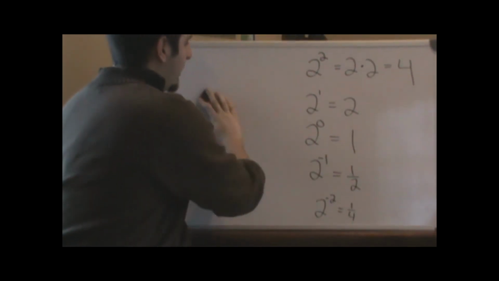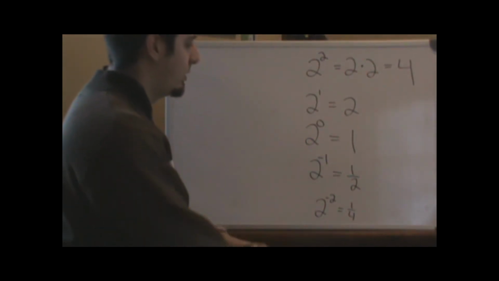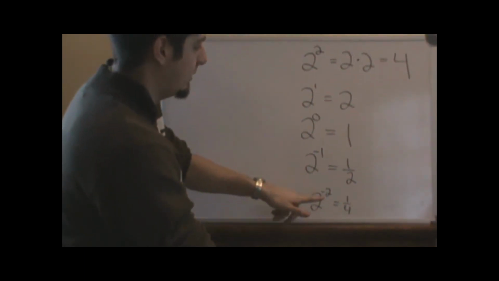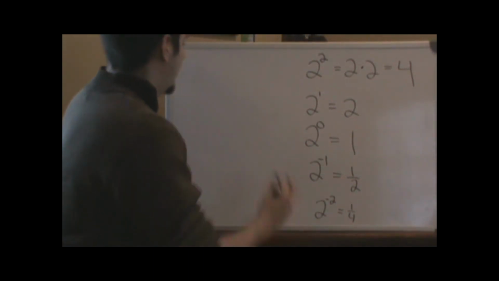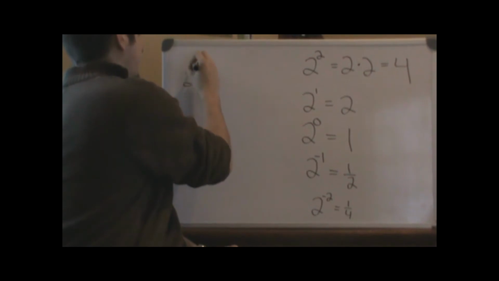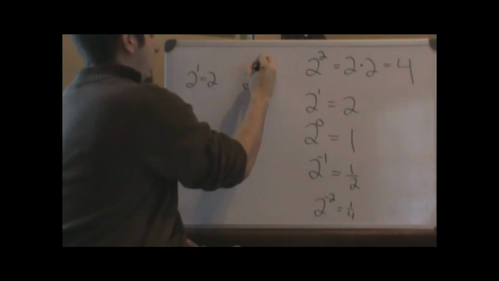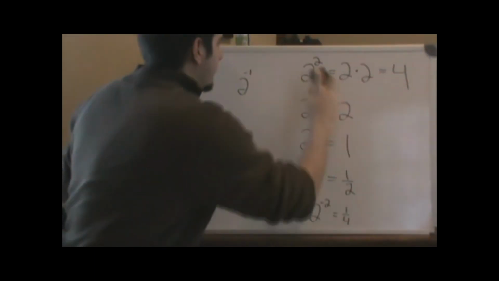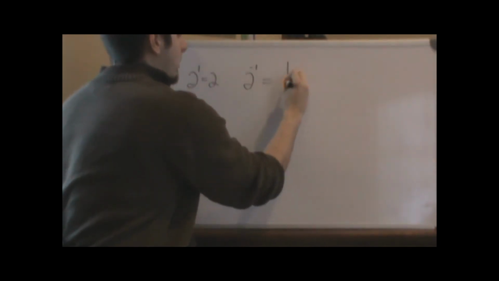Now, if you take a real close look, you're going to notice something special about our negative exponent's answers. More specifically, the number in the bottom of the fraction. Let's take a look at 2 to the first power, which equals 2, and 2 to the negative 1, which equals 1/2.